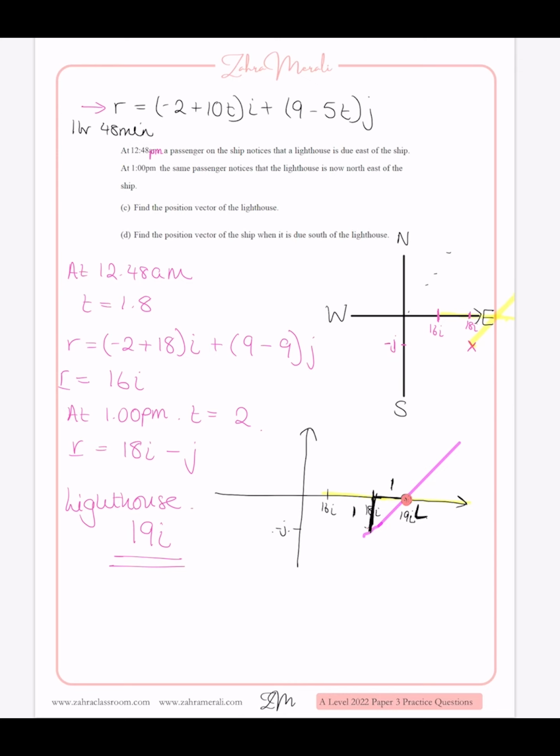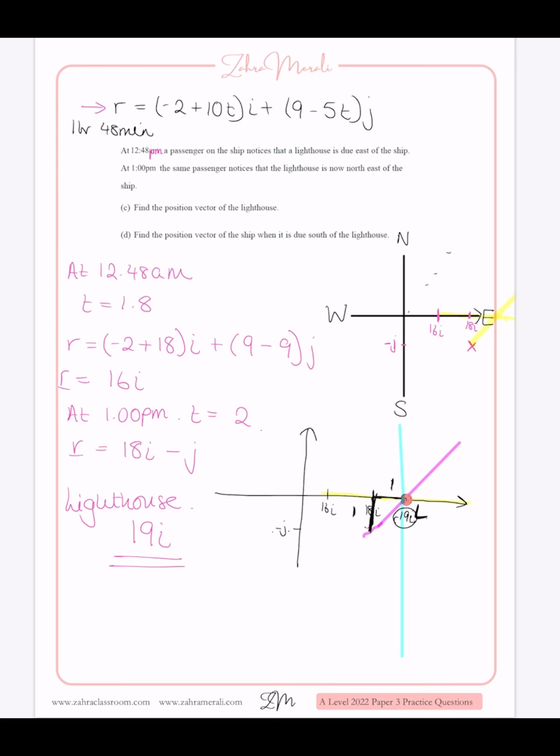Due south means it's going to be going vertically downwards, right? So what do I know for definite? It's going to be somewhere here. All I know for definite is that the I component is going to be 19. So it's going to be when the I component is 19, and that means I can find out what the T is and so on.